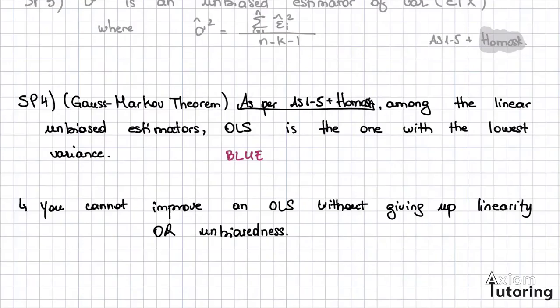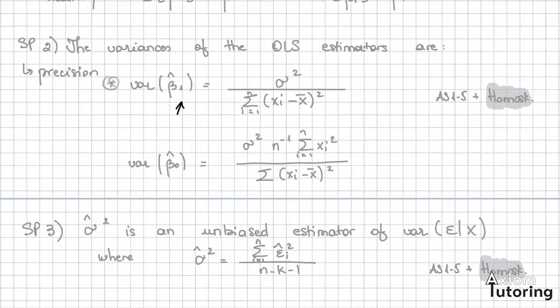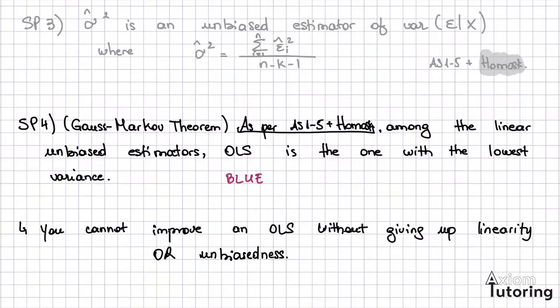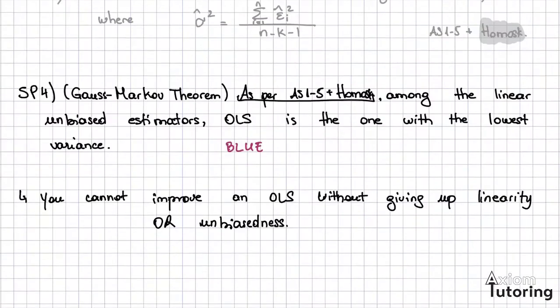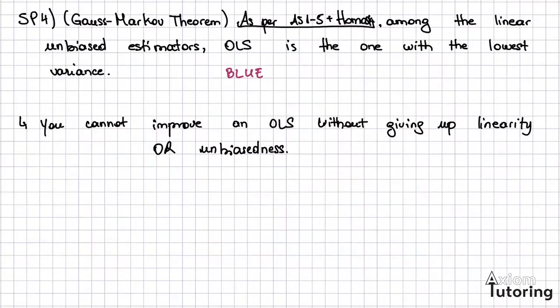And here, you can finally make a little bit of a connection with the previous video, where I explained how and why we need to change the formula for the variance of the beta 1 hat when we move from a single regression to a multiple regression. Because remember, when we did that, we explained that adding irrelevant regressors will increase your variance, but even in the cases where we would have added relevant regressors, because of that penalty item in there, 1 minus Rj squared, you are still going to increase the variance of your beta.